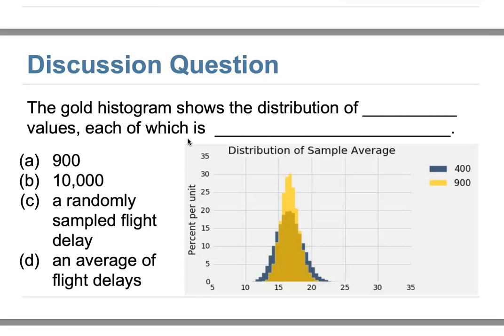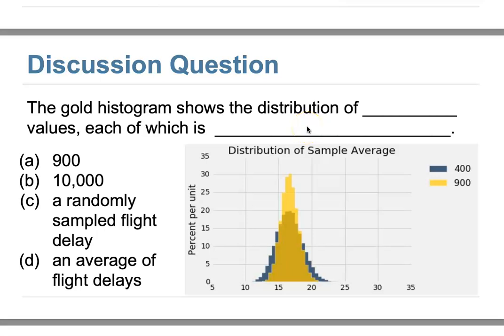Then, if you can, text or talk to your classmates and discuss what the answer will be. That's the distribution we had earlier, right? Let's focus on the gold one. This gold histogram shows the distribution of what kind of value, and each of those values is what? Okay, so make sure you pause the video.